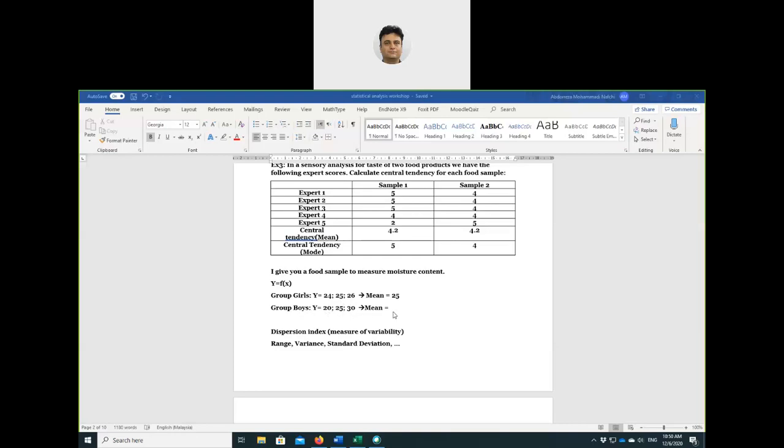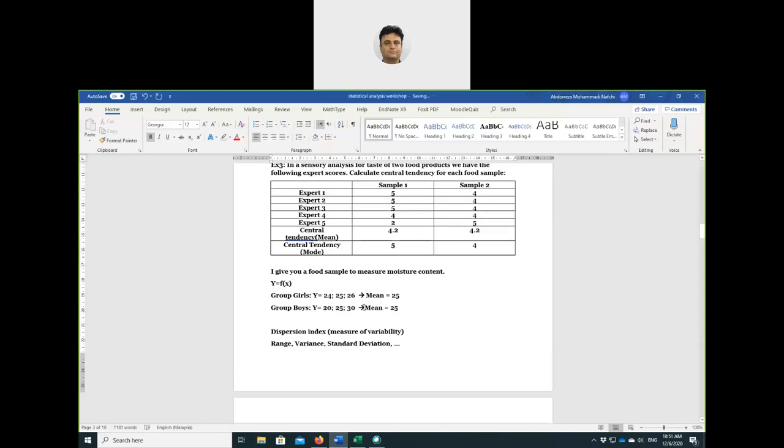Okay, if I want to make a representative, because the data has a fixed or small interval, 20, 25, and 30, the best way is the arithmetic mean. The arithmetic mean of 20, 25, 30, if you add together and divide by 3, is exactly 25.